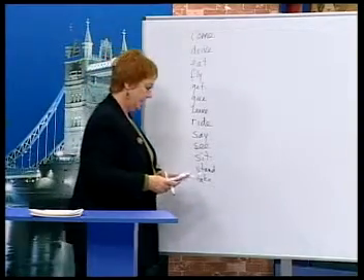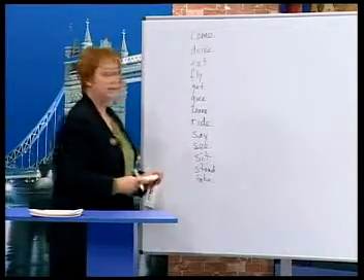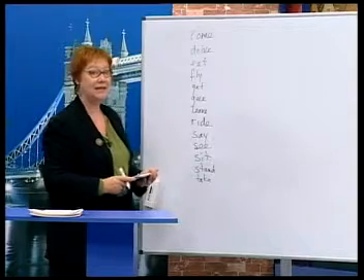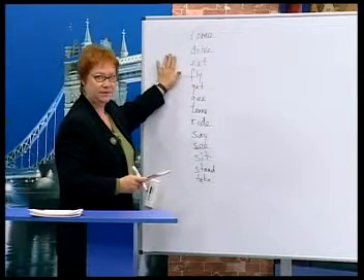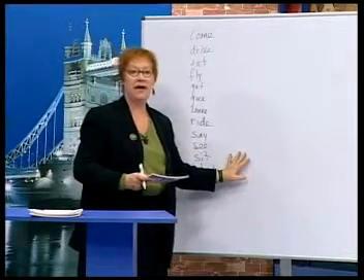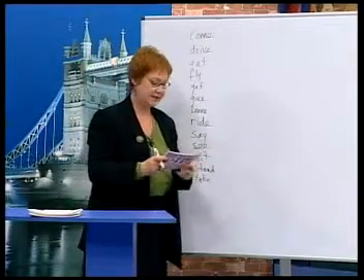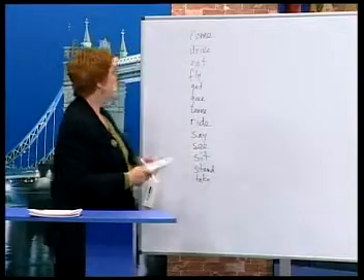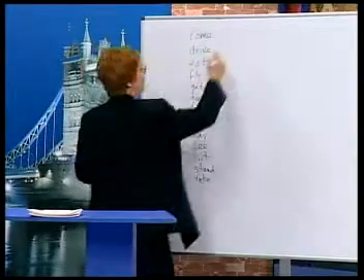Okay? Now, let's look at the past tense of these verbs. First I'll write them on the board, and then you'll look at the screen and we'll look at some sentences.